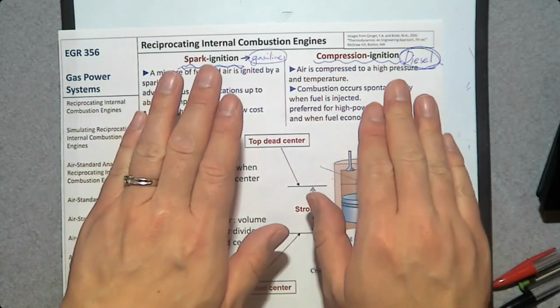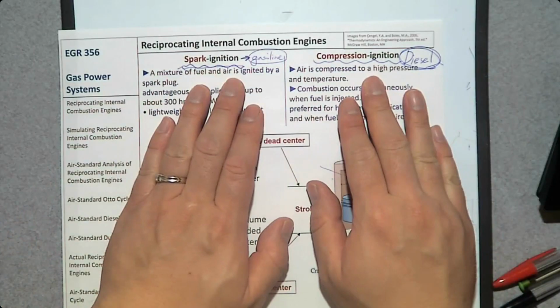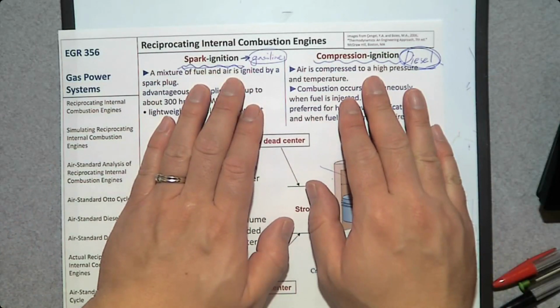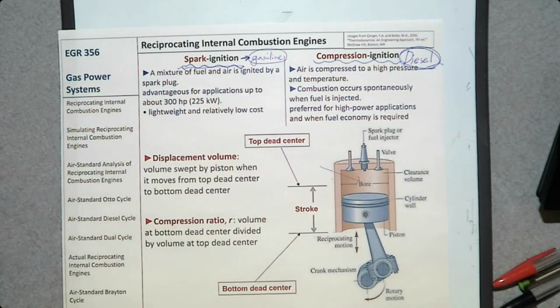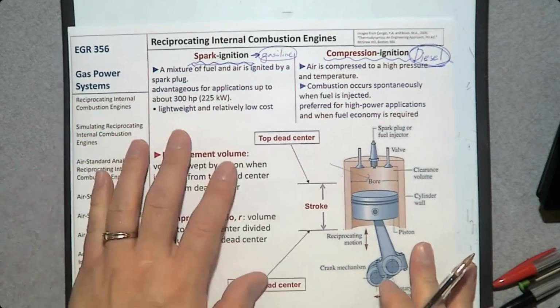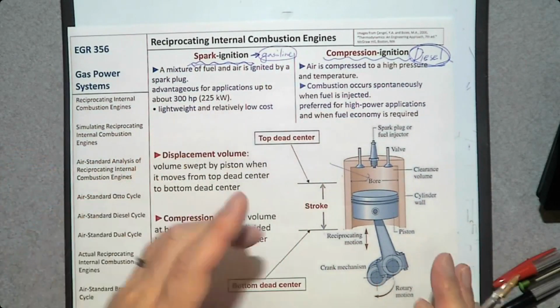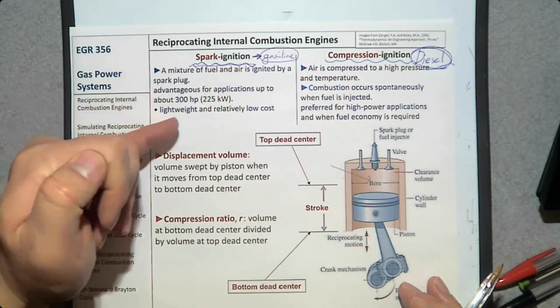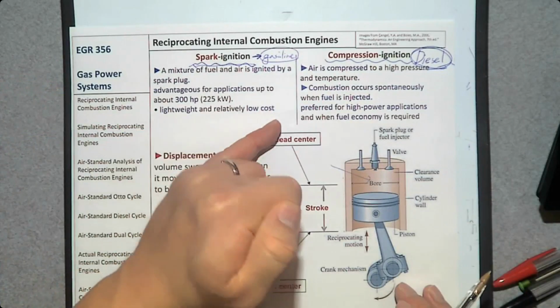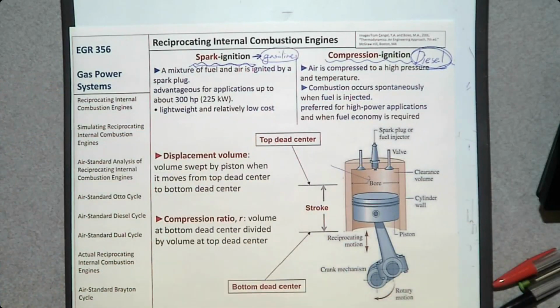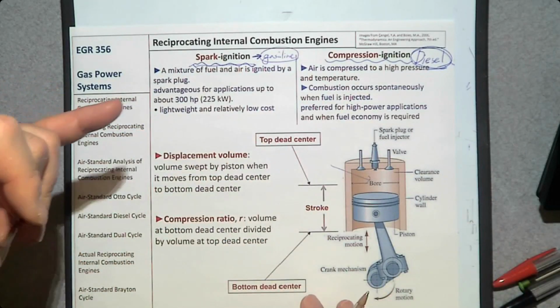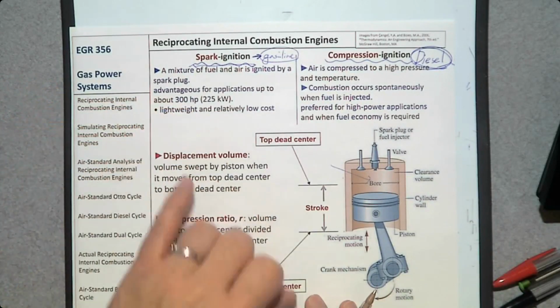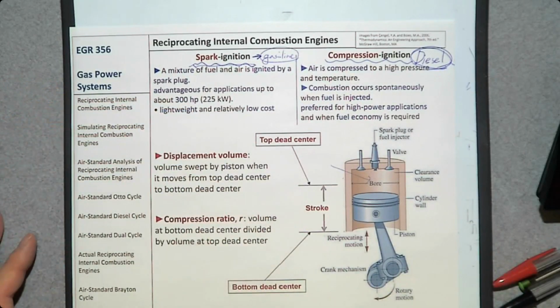Then what is the main difference? Why do we use two different combustion engines? Because each has pros and cons. The good thing about the gasoline engine is that it's very simple and therefore it can be lightweight and relatively low cost. Usually good at about 300 horsepower, which is 225 kilowatt.